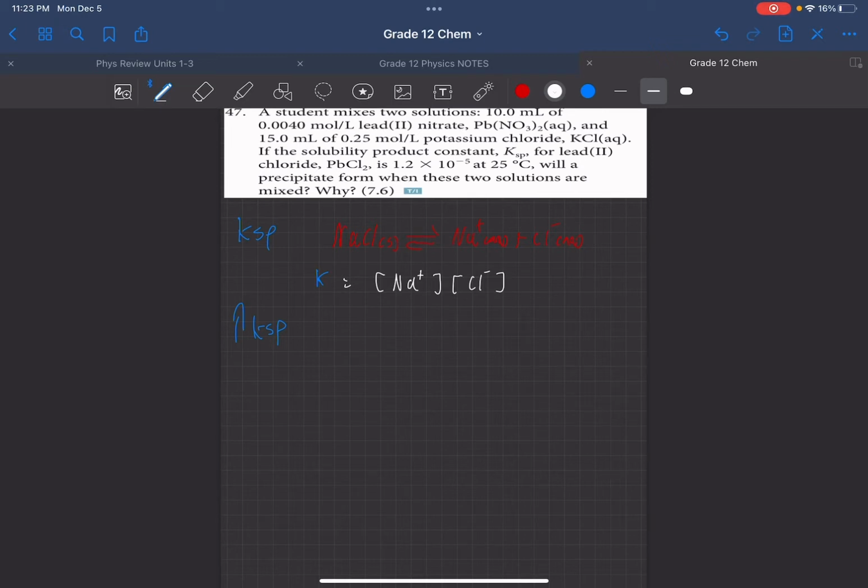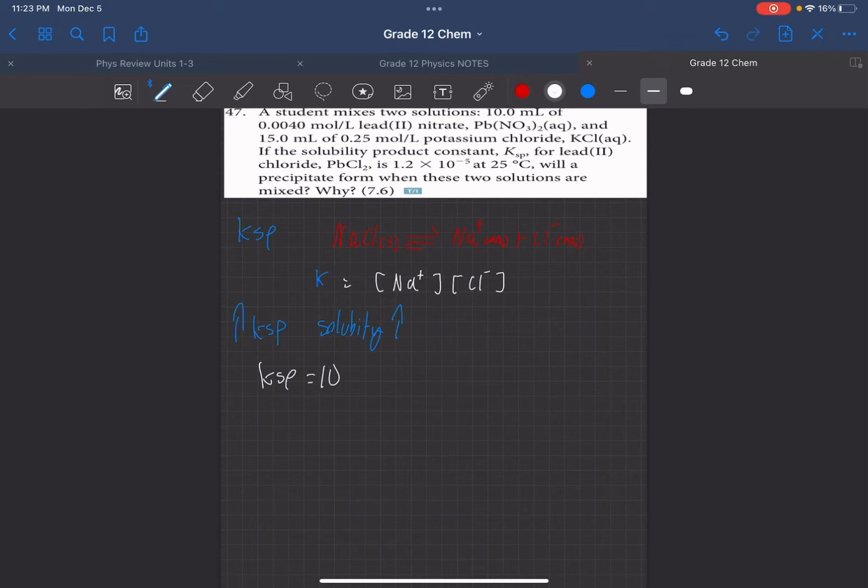So as KSP increases, solubility also increases. Why? Okay, so let's say our KSP is 10, right? This is a hypothetical. This is probably never gonna happen because our KSP should always be to a negative power because it's gonna be pretty small. But say it's 10, right?